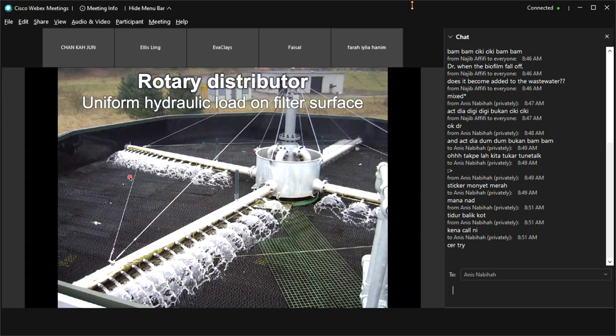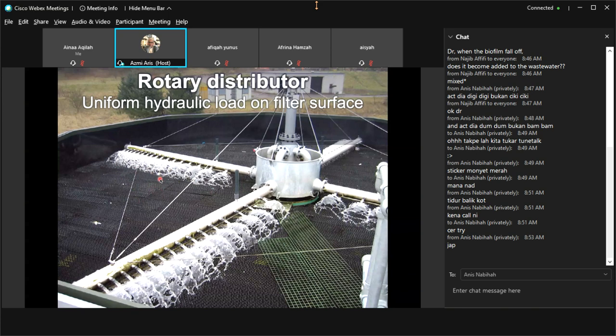At some point, as you can see, there will be a time when the microorganisms or the biofilm will be exposed to the wastewater, or to the food, and when there is no wastewater exposed to the biofilm, the biofilm will be exposed to the air. That is when they will get the oxygen. So at one time they will get the food, another time they will get the oxygen from the air. And they can also get the oxygen from the wastewater.